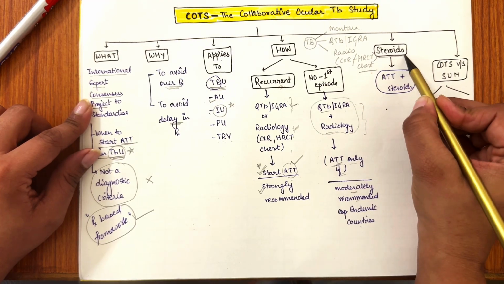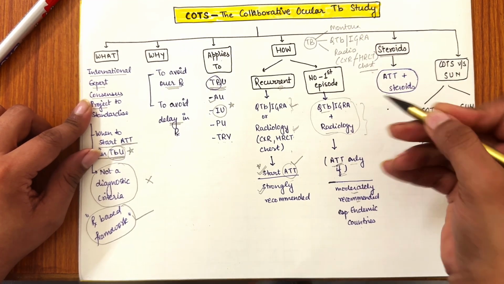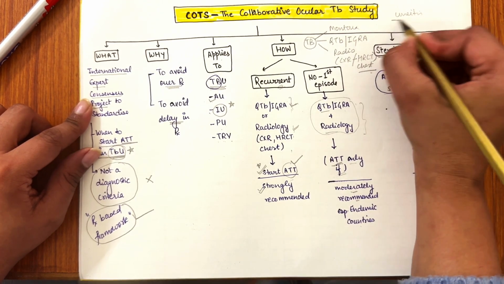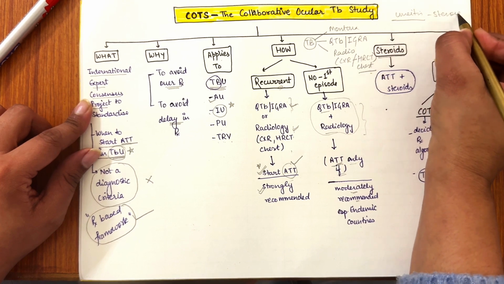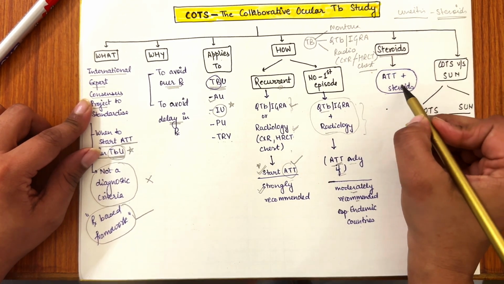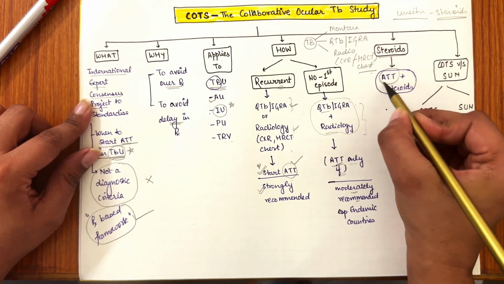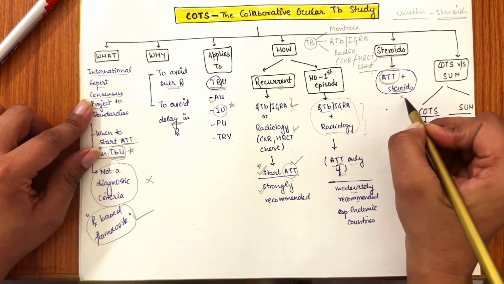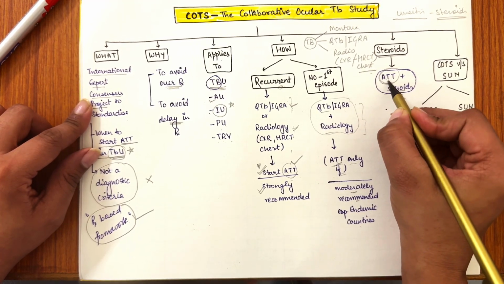Then what is the role of steroids? In uveitis, people directly start with steroids, but it is very important to rule out TB first, because in TB you cannot start steroids without ATT cover. Steroids have to be given under cover of anti-tubercular therapy.